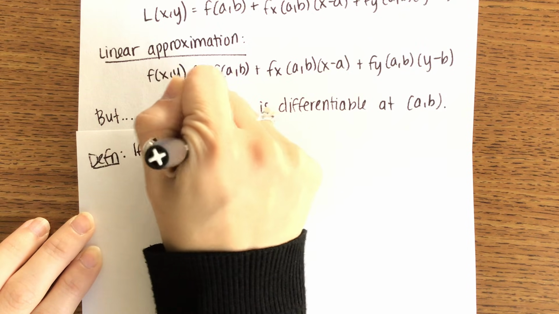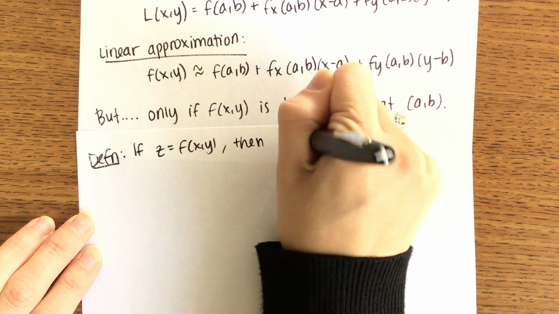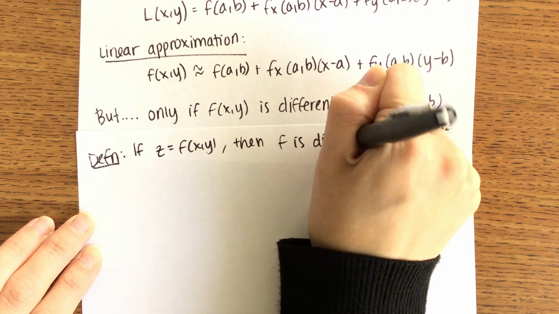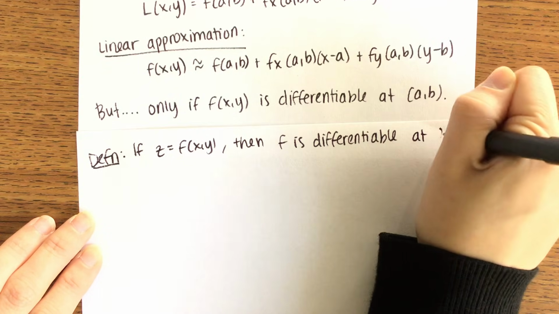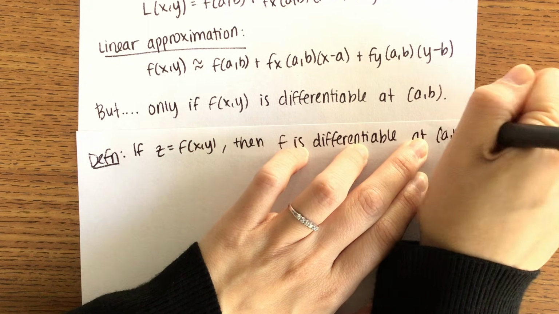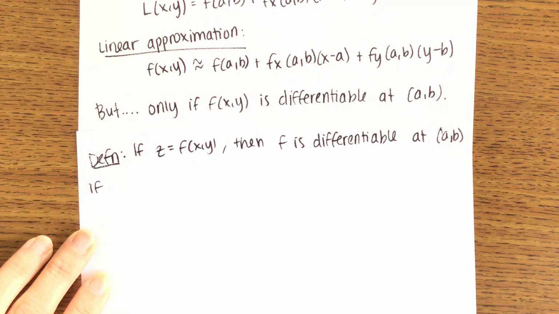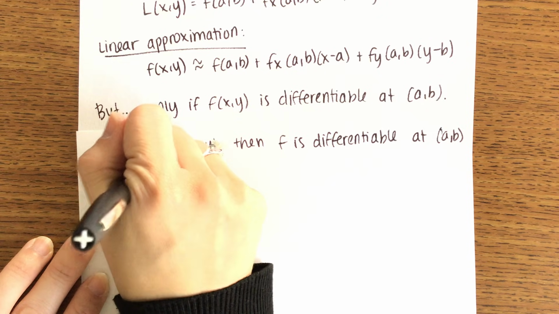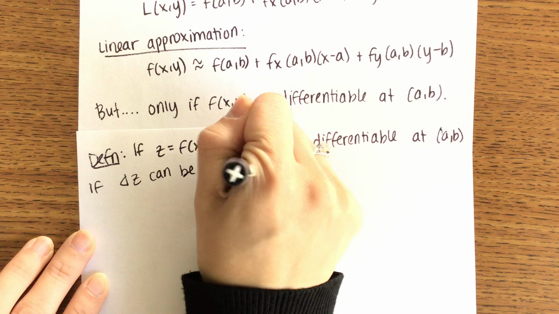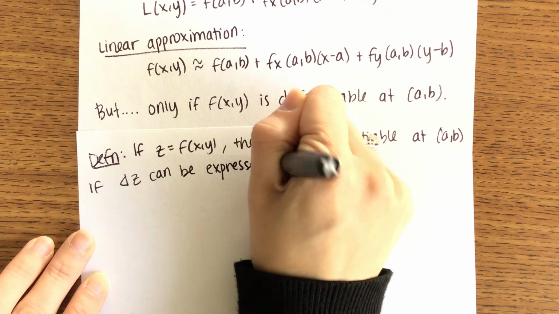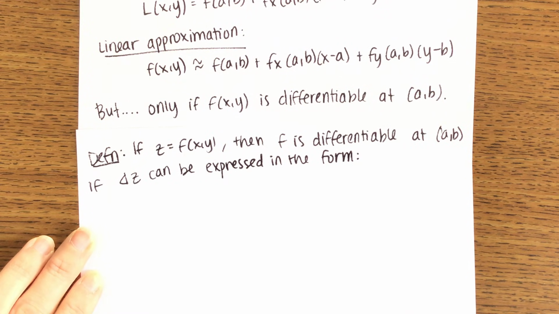Let's say that z is f of xy. Then f is differentiable at the point AB if delta z can be expressed in the form that follows.